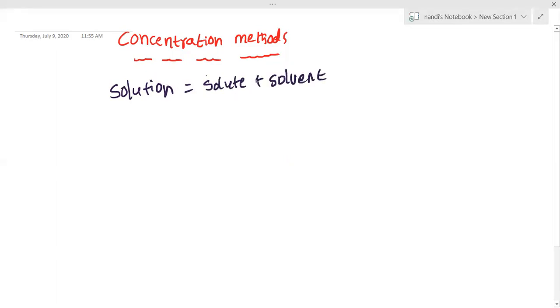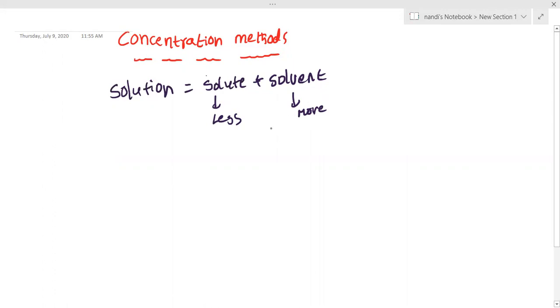Here the solute is generally the lesser amount present in the solution, and the solvent is the larger amount. Is it clear? The solute is present in less amount and the solvent in more amount.